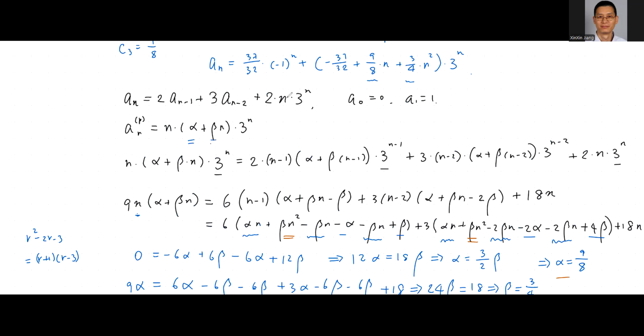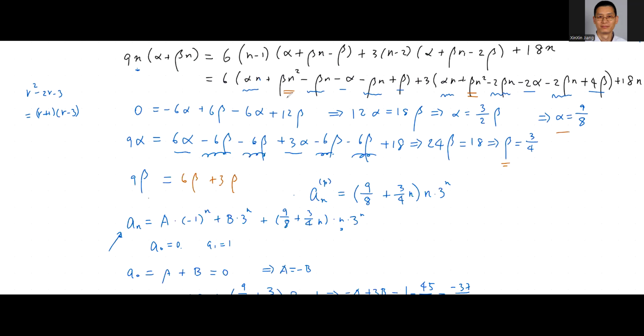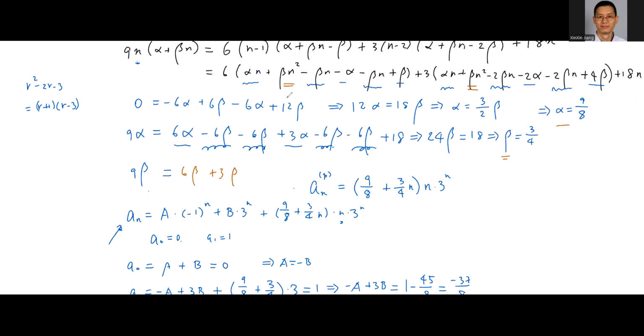Now you have 2 equations to solve alpha and beta, and then later on you have another 2 equations to solve another 2 unknowns. So you're sort of having 2 smaller systems of linear equations. And sometimes it's advantageous. It's easier to do that.